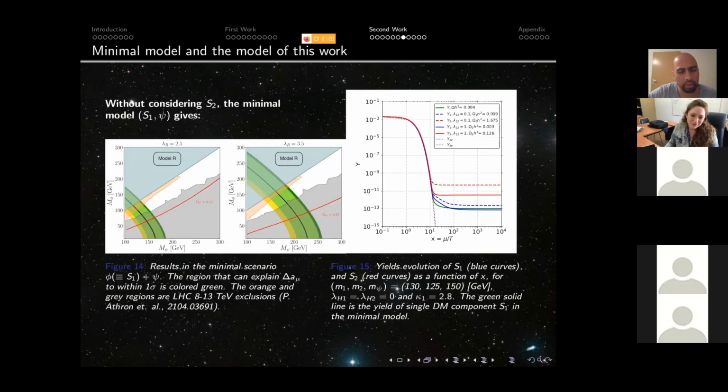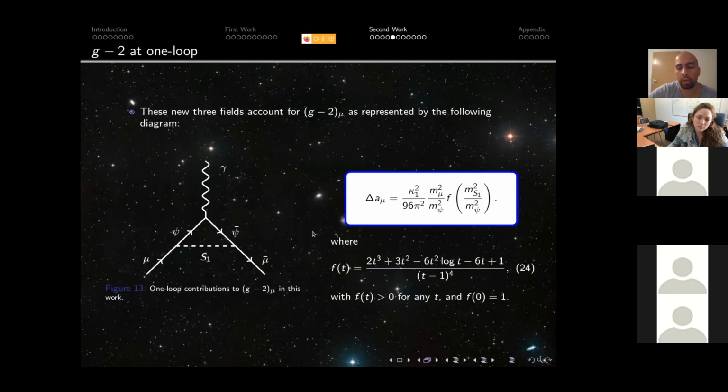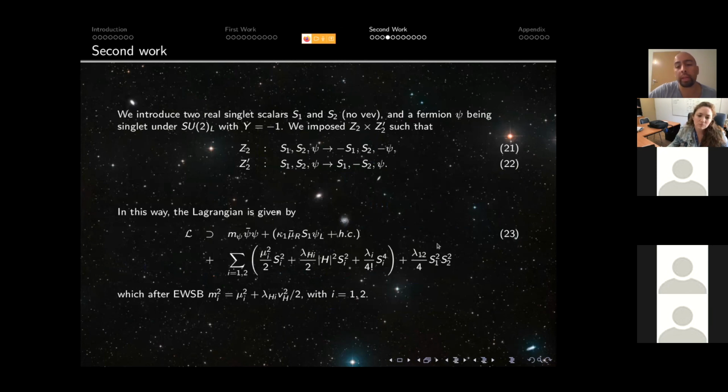The only difference is that we added a new field, which is S2, the second singlet scalar. The minimal scenario is what I call here S1, one singlet scalar and one vector-like fermion, and you obtain this. But if you introduce another scalar, S2, which is invisible to the experiment because you force it to interact only with your first scalar, we are turning off the Higgs portals.